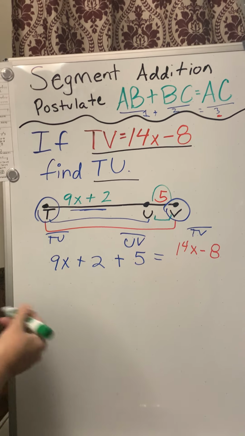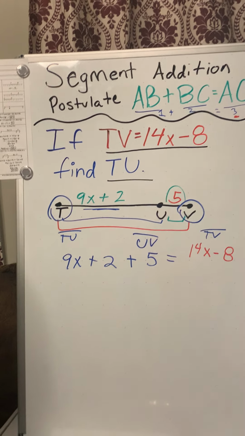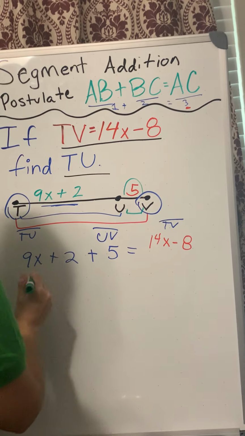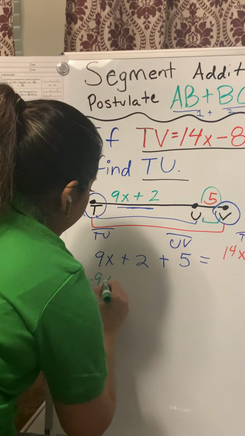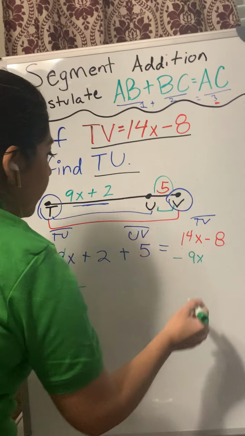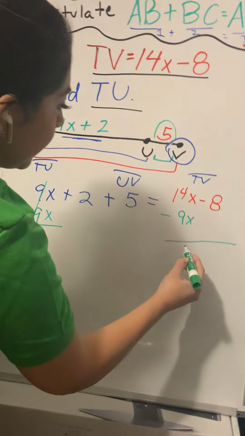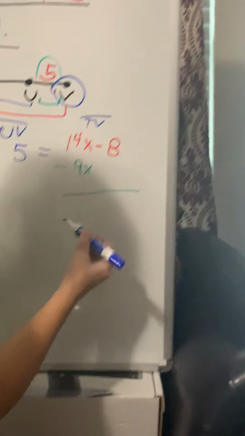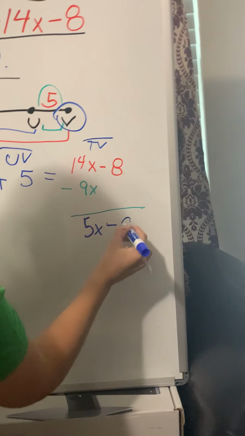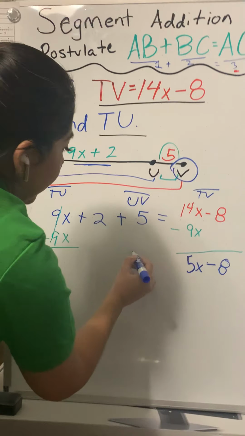Let's start by joining the like terms. We have 9x over here and 14x over there. We subtract 9x from both sides. This x is out. We have 14 minus 9, which is 5x minus 8. Over here, the x is out and we have 7.